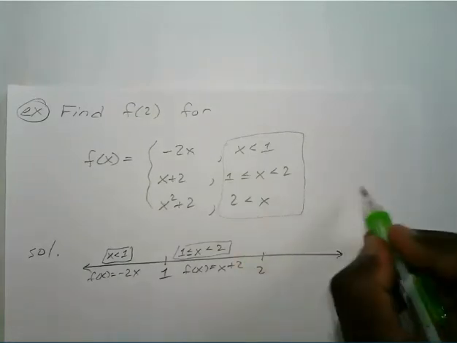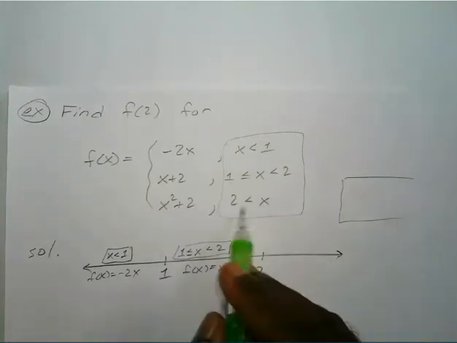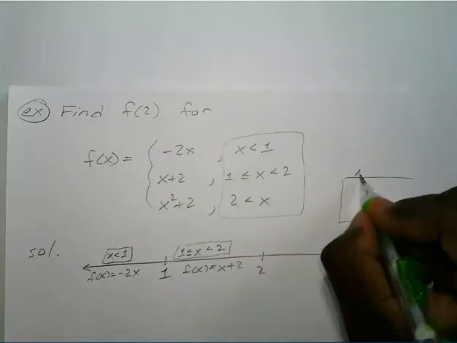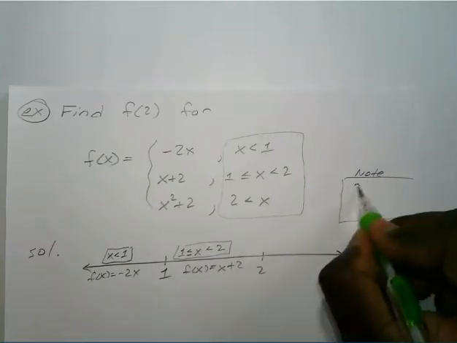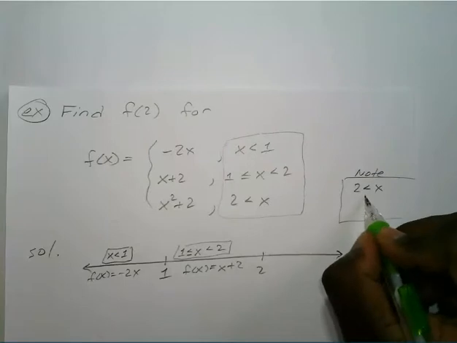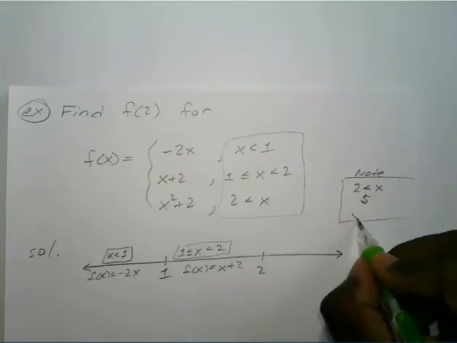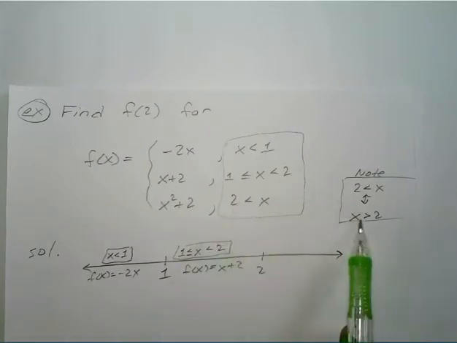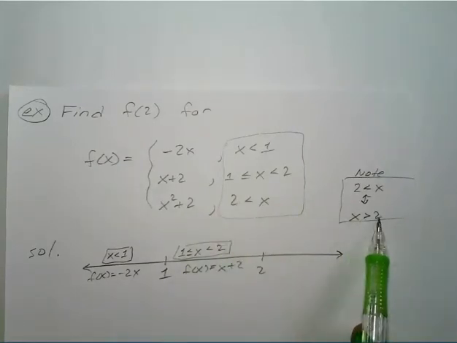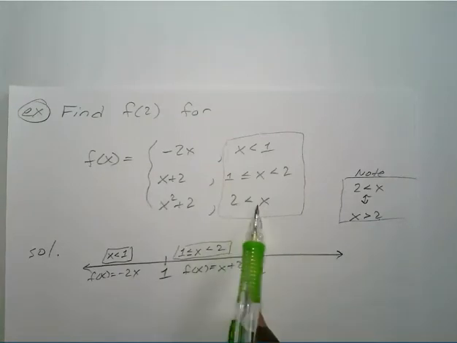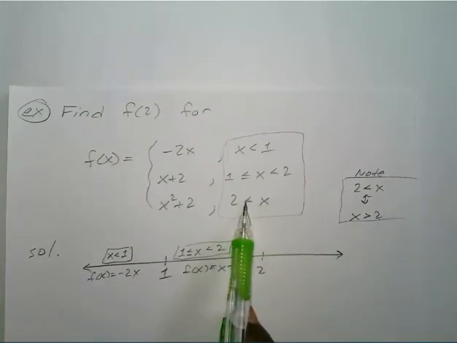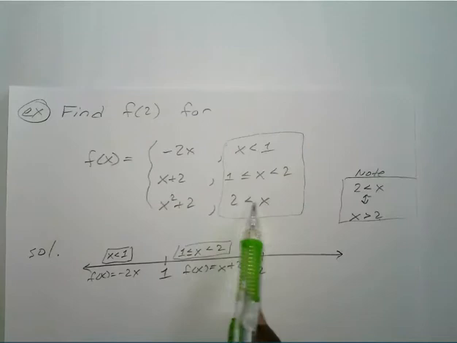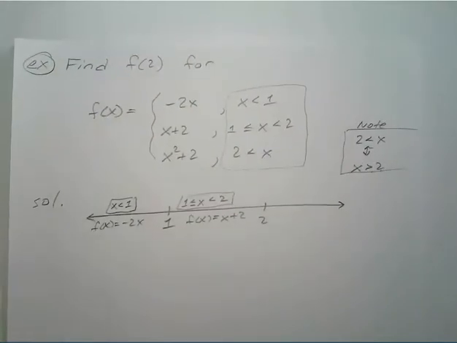But, quick note here, you can switch these two around. Okay, so quick side note, 2 is less than x is the same as saying x is greater than 2. If it's pointing to the 2 here, when you switch it around, it still has to point to the 2. That's how you know you have it correct. Okay, so that's how you know you did it right.